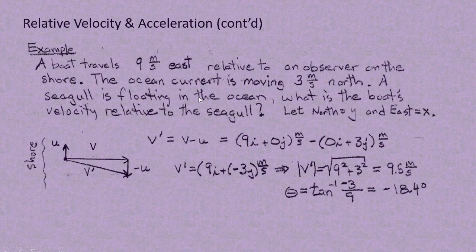And now what the problem's asking us to find is v prime, the velocity of the boat relative to the seagull.